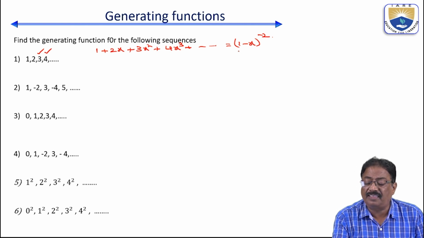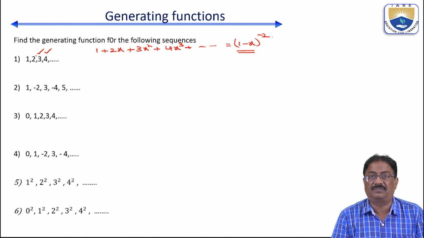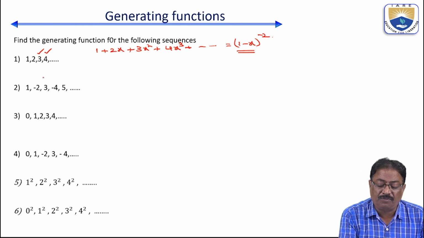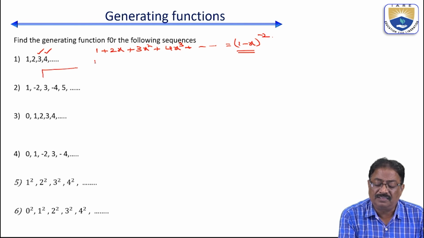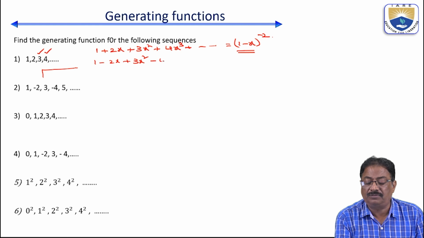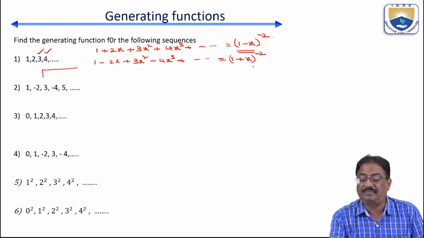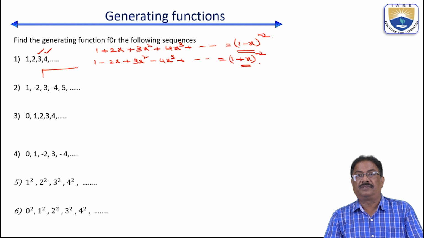So this is the generating function for this sequence. Now the second one: this is 1 minus 2x plus 3x square and so on, because it is alternately positive and negative. So this is nothing but 1 plus x whole to the power of minus 2. This is the other generating function.